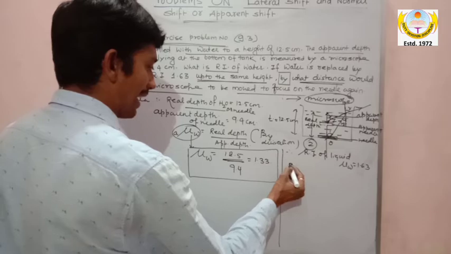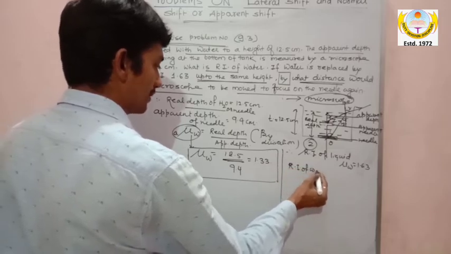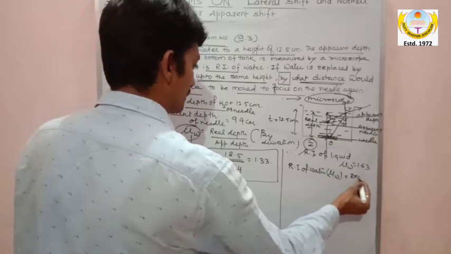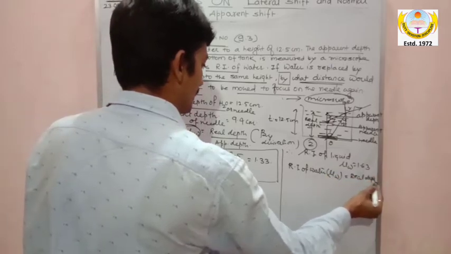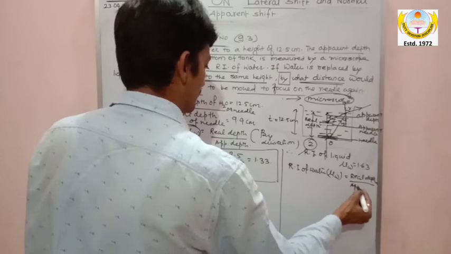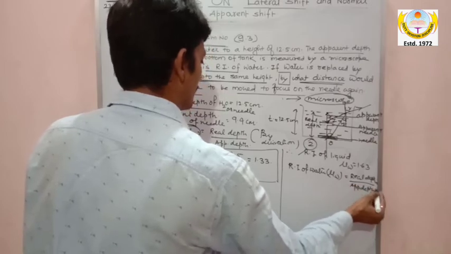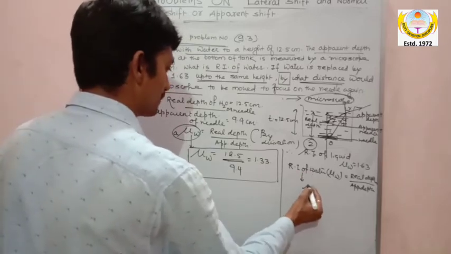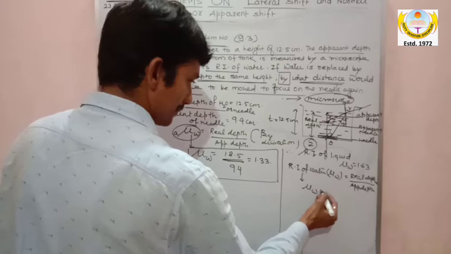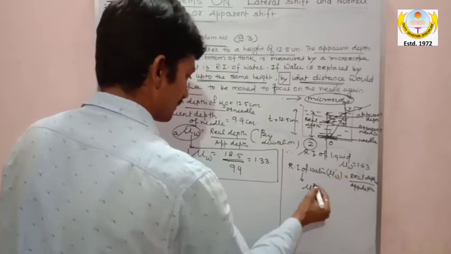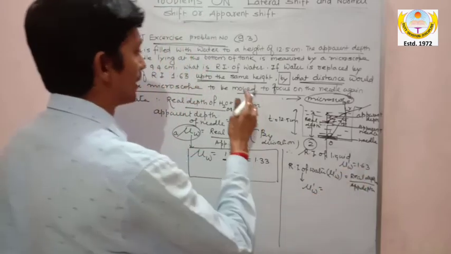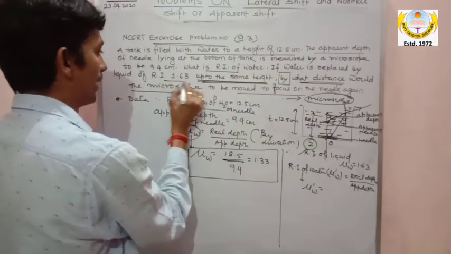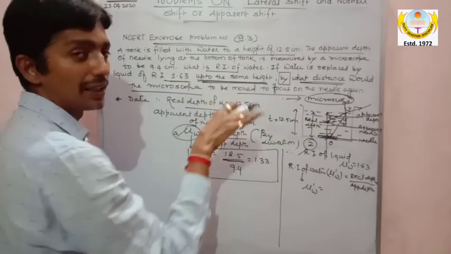Now again the Ri of water, that is mu W, is equal to real depth upon apparent depth. So now I will write this as mu W dash, is equal to real depth. You can see, water is replaced, but it is up to the same height.